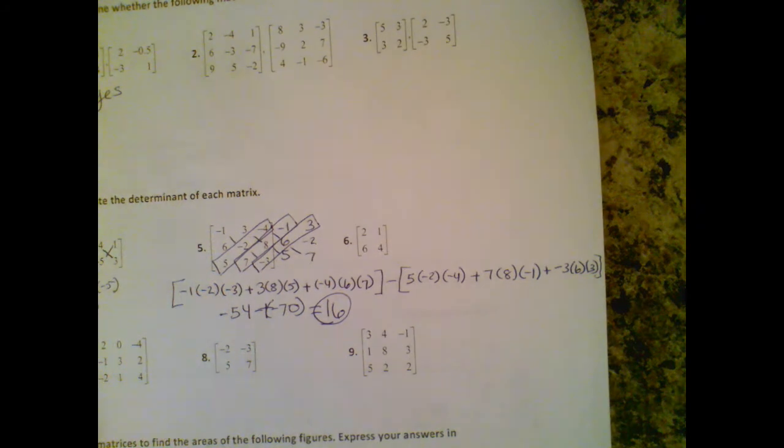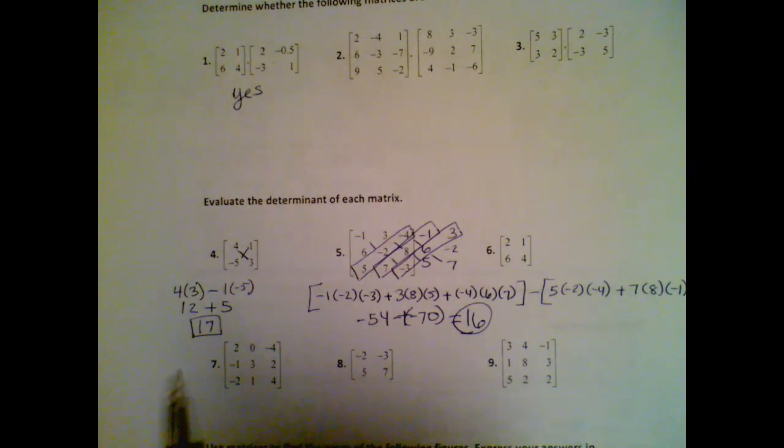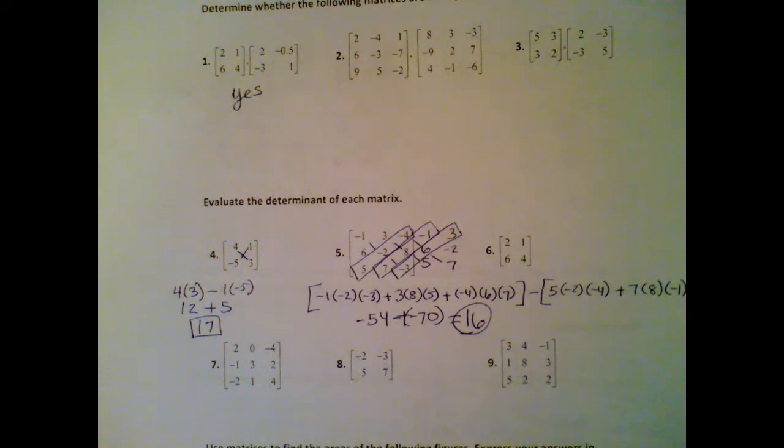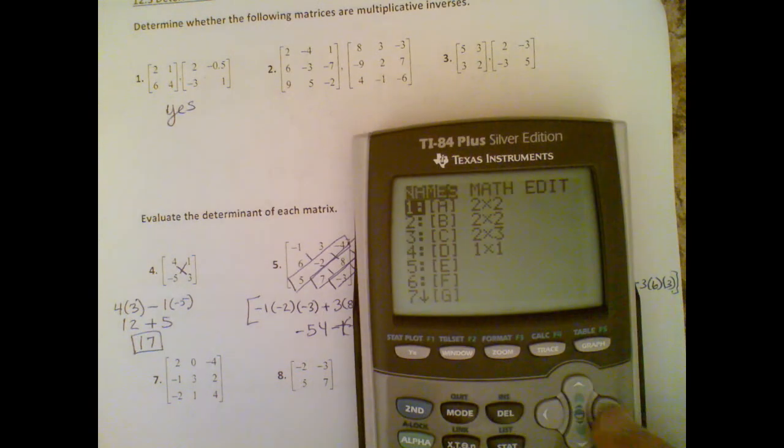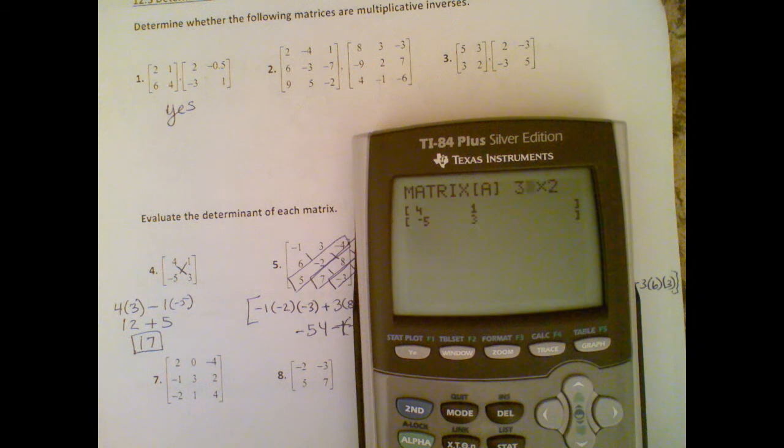So notice for a 3 by 3, it's the same process, but it's just a little bit more work than what the 2 by 2s were. Okay, if we want to check our work for this one, we're going to type in the original 3 by 3 matrix into our calculator.